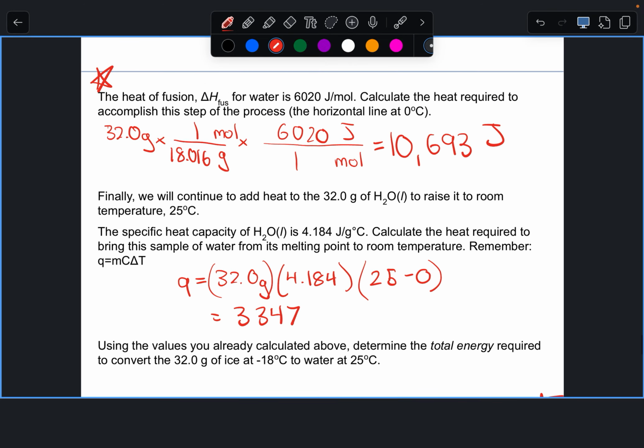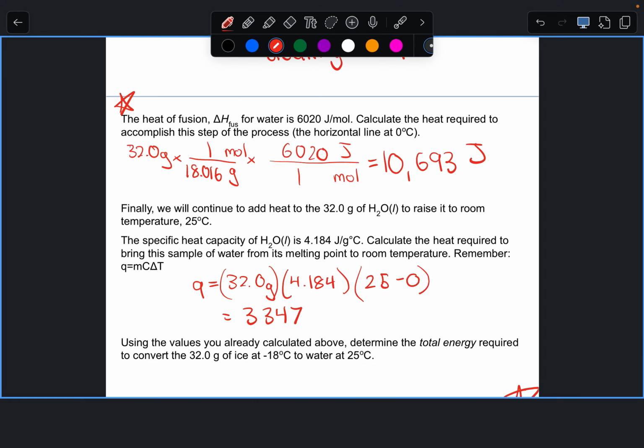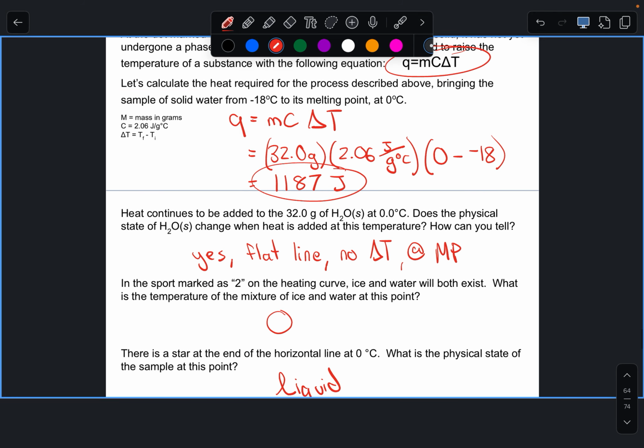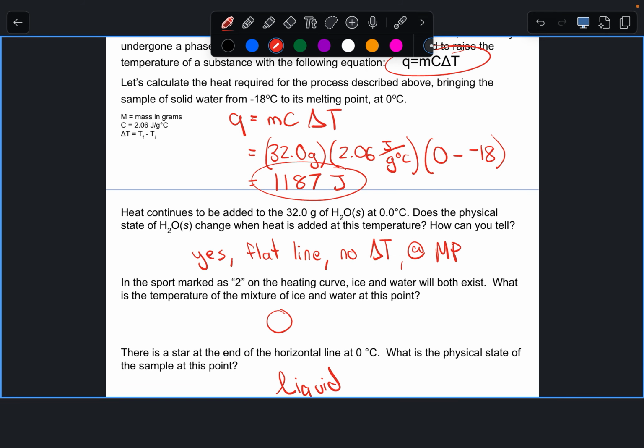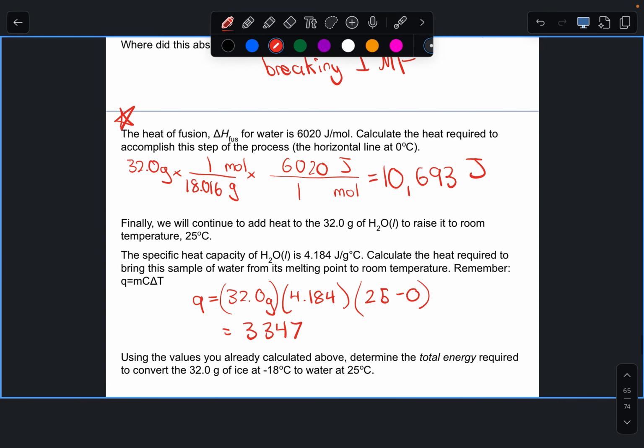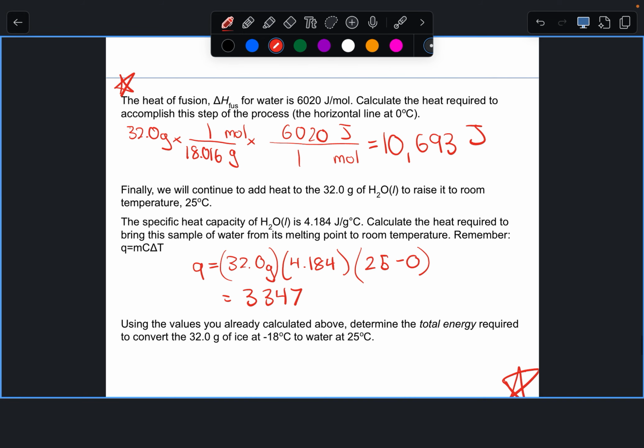So the total energy for this process, heating it from negative 18 up to 25 and including that phase change, is going to be 1,187 plus 10,693 plus 3,347, or a total of 15,227.